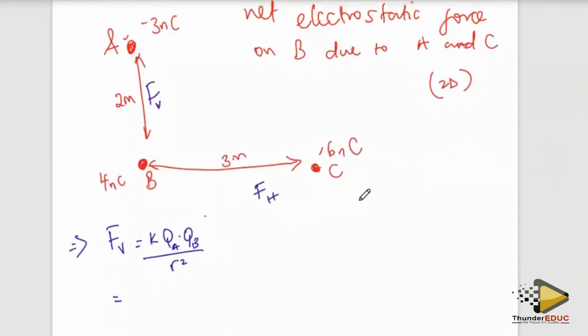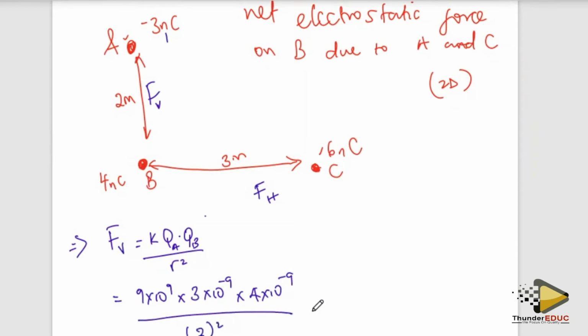So if our A was a negative 3, that is 9 times 10 to the 9 times 3 times 10 to the negative 9 because of the A, and then we are multiplying by 4 times 10 to the negative 9. Distance of separation is 2, I'll just square that.